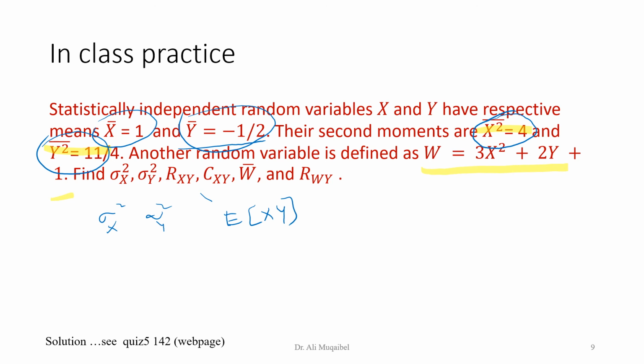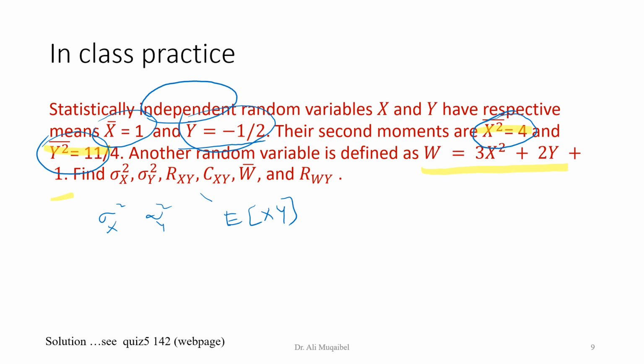Remember that there is a keyword in the question: there is one word that will help you resolve all the problems. The keyword is independent. So they are independent, which means they are uncorrelated, the covariance equals 0. And we can use this to solve the problem.